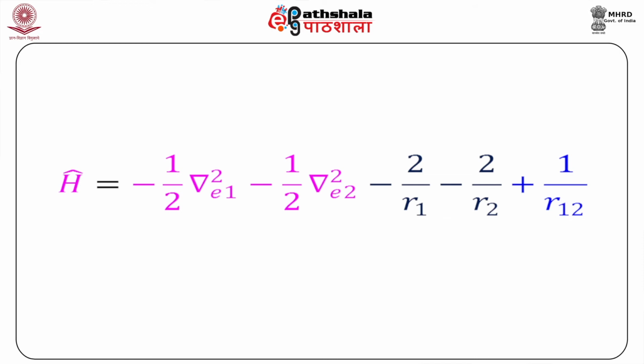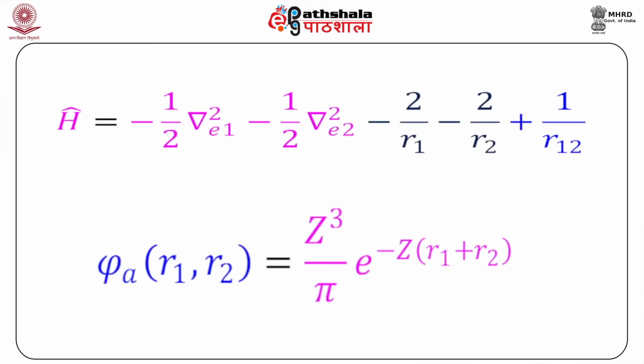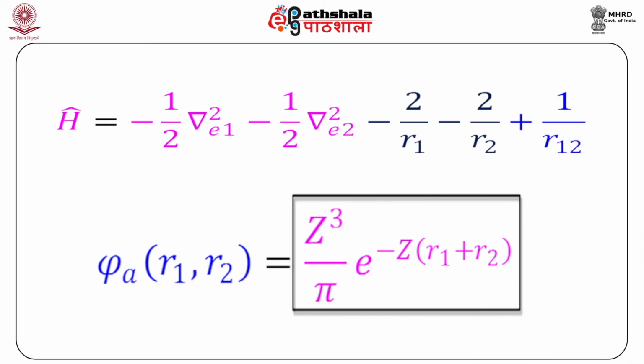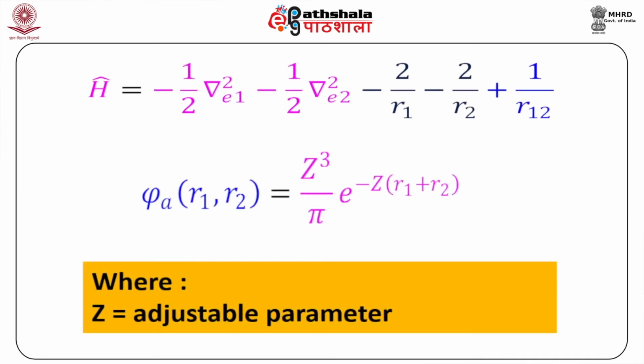Let the trial function be of the form as given in equation 12, where the trial function is expressed in terms of both the space coordinates r1 and r2 as z cube by pi into e to the power minus z (r1 plus r2), where z is an adjustable parameter.